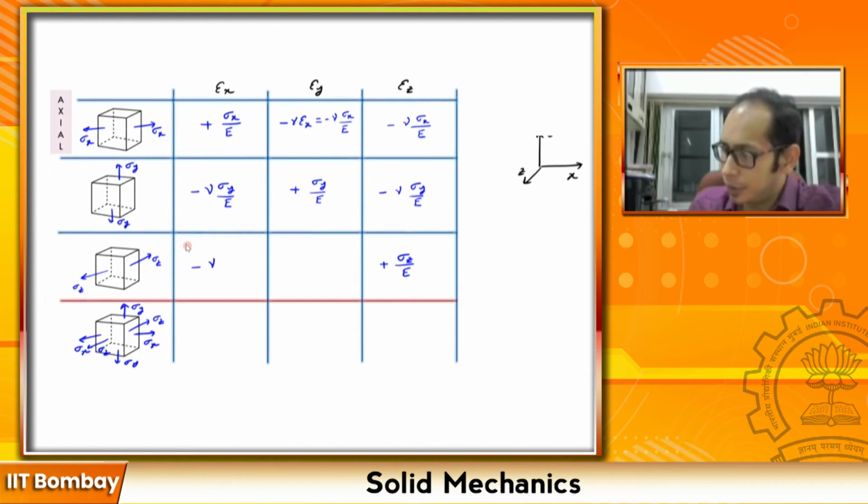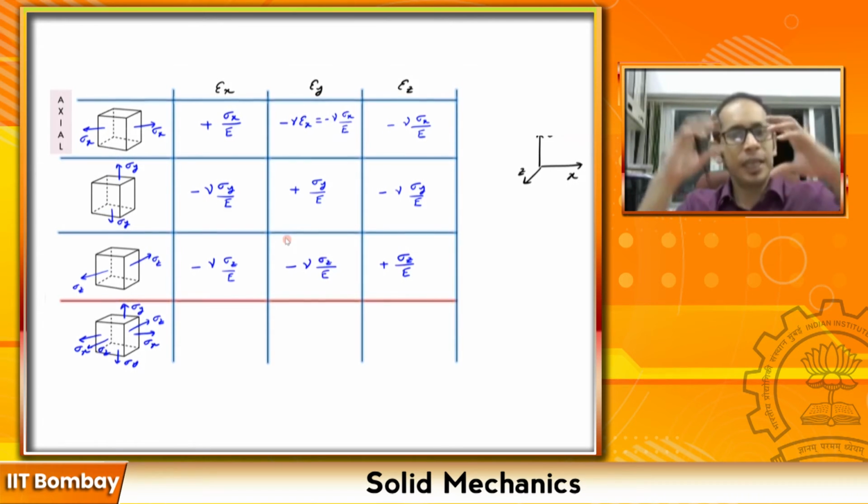So this is going to be nu sigma z divided by E with a negative sign, and this one is also going to be negative of nu sigma z divided by E.